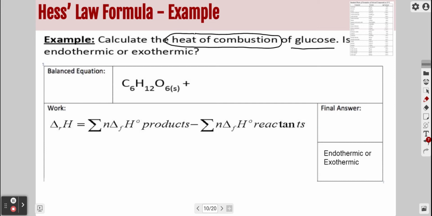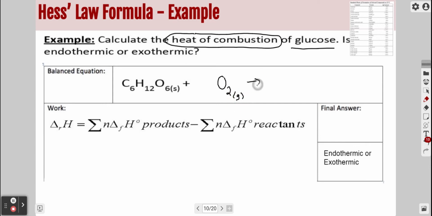Okay, so combustion reactions, if you did all that practice reviewing balancing combustion reactions, you will remember that every combustion reaction, the molecules are going to react with oxygen gas.